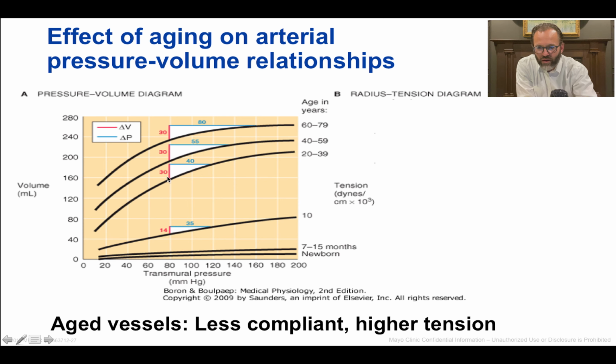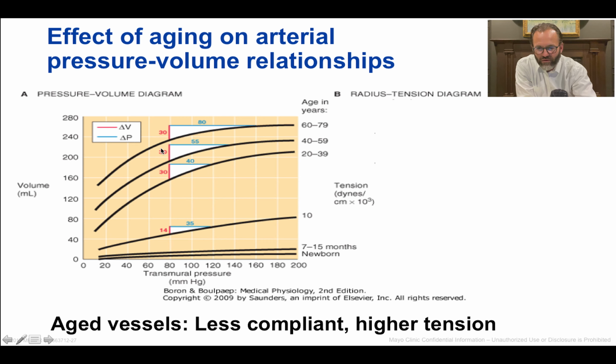You can see that with any given increase in volume, let's just say there's a stroke volume of 30 mils per beat, for example, with increasing age, with either your age range versus my age range, you would have, with a 30 mil per beat stroke volume, a change in pressure of roughly 40 millimeters of mercury.